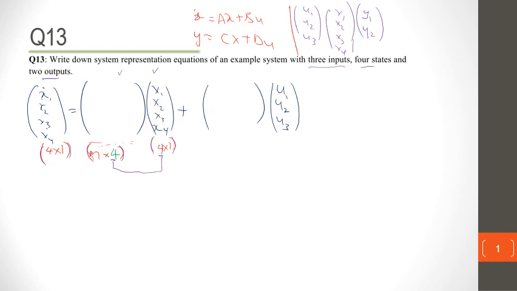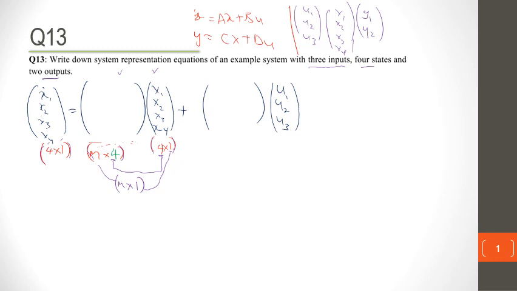Now, given that we want a result which is 4 by 1, we know that the result will have m by 1, just by virtue of multiplying these two matrices. The m will be from the first one, the 1 will be from the second one. But we need this m by 1 to be 4 by 1.